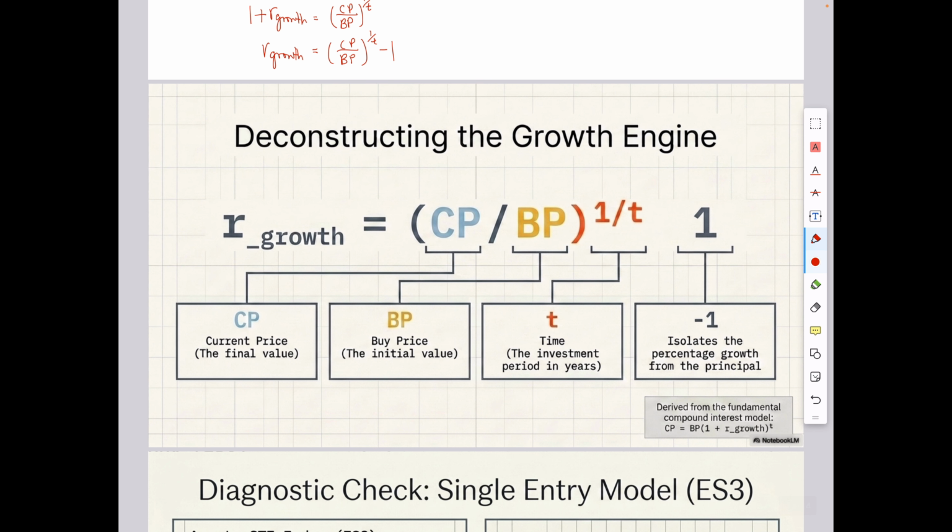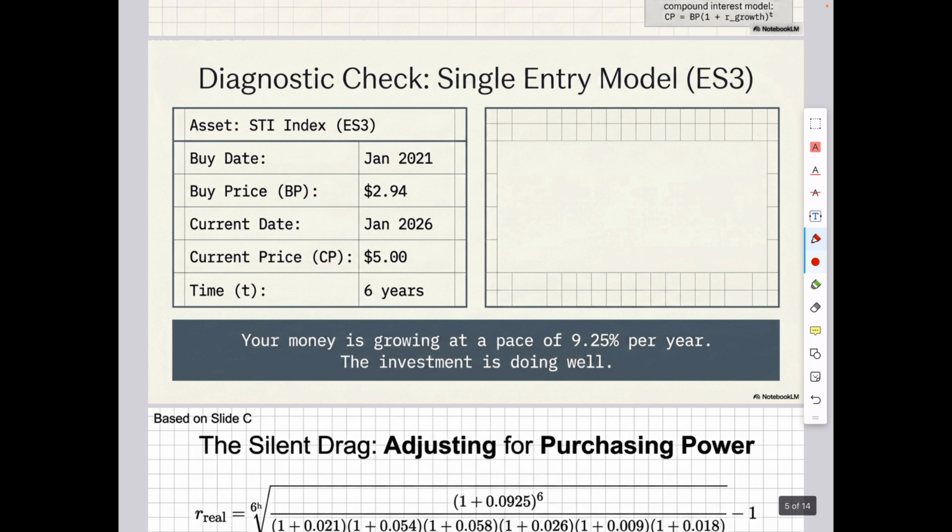Now if I have a single entry model, meaning at the start of Jan 2021 I bought it at $2.94, and then I don't do anything until Jan 2026, where the ES3 becomes $5. I take my number of years of investment to be 6 years, because 2021 to Jan 2026 is 6 years.